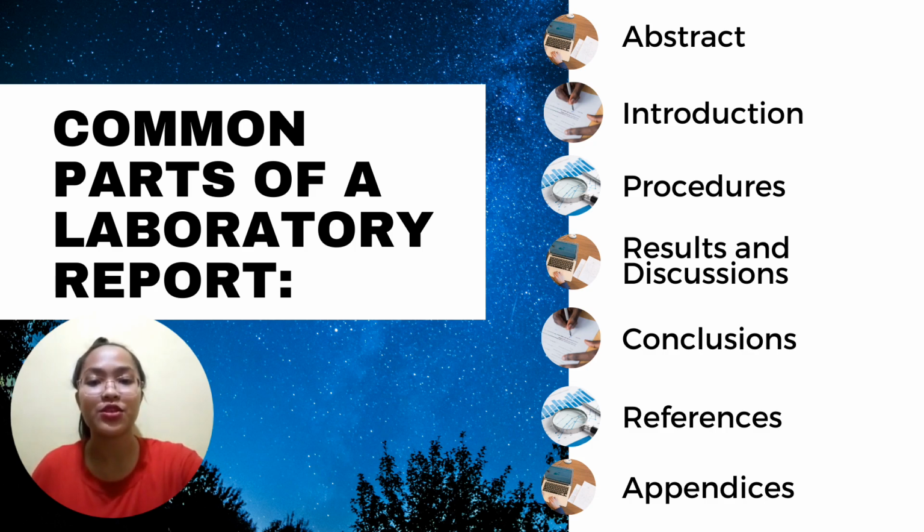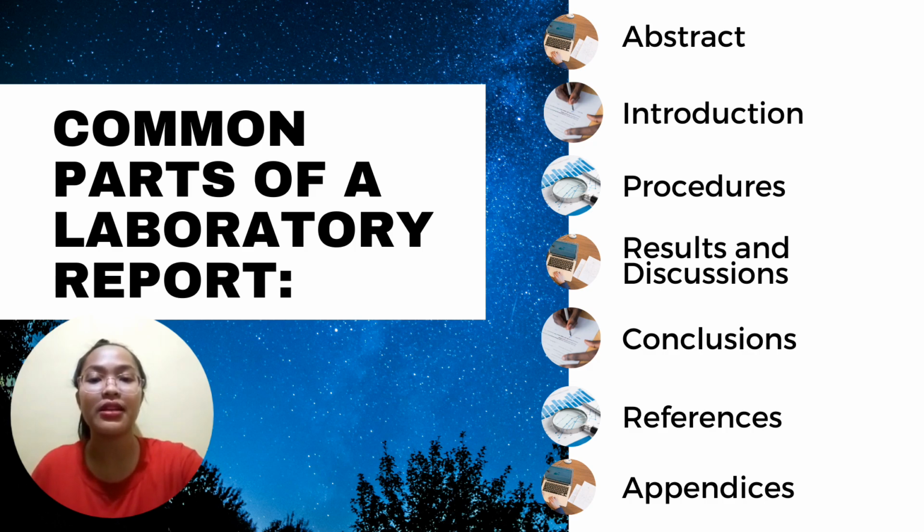Results and discussion. This part presents the discussion of the experiment as well as the results, which are composed of tables and figures. Another one is the references. This part is where we list any sources cited in the report, such as textbooks, scientific papers, or other references.